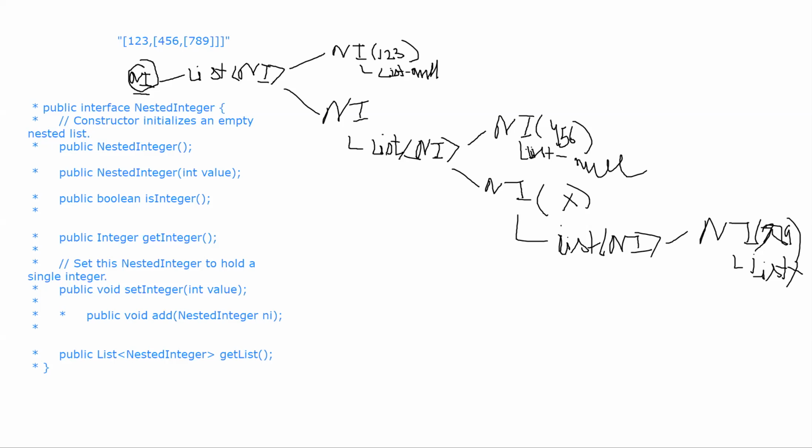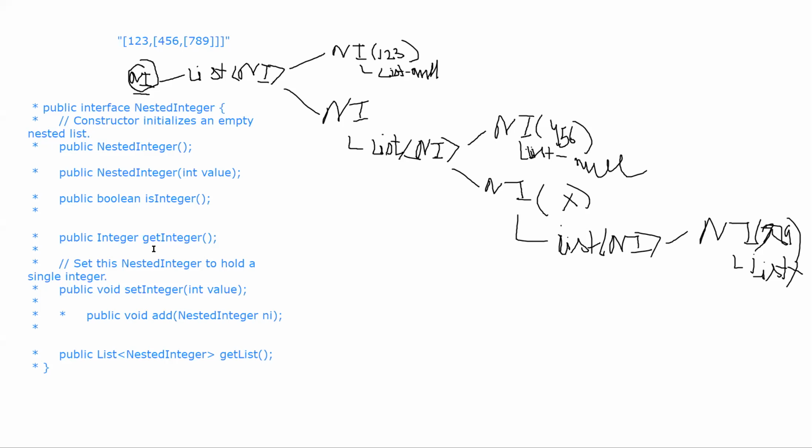Are you guys with me? Yeah, Sim, I think this clarifies a lot of things. Yeah, so that's what I was trying to say. Either it could have an integer or it would not have an integer. If it does not have an integer, it might have a list, it might not have a list. If it has an integer, it will be signified here, like is integer true.